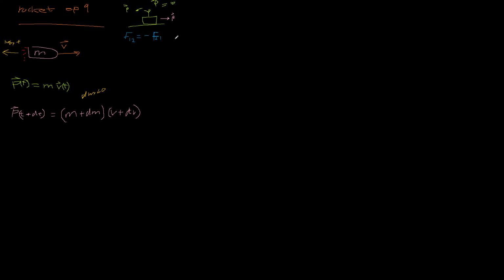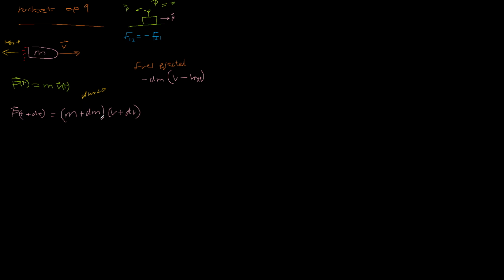And the fuel is being ejected. And it's going to be ejected with a momentum, which is going to be negative our change in mass times our velocity minus this external velocity. And what can we do here? We add these two together.